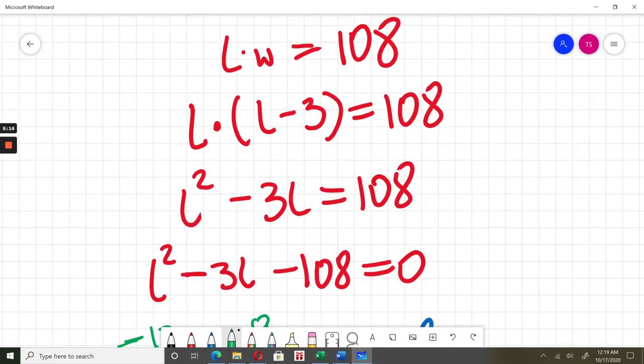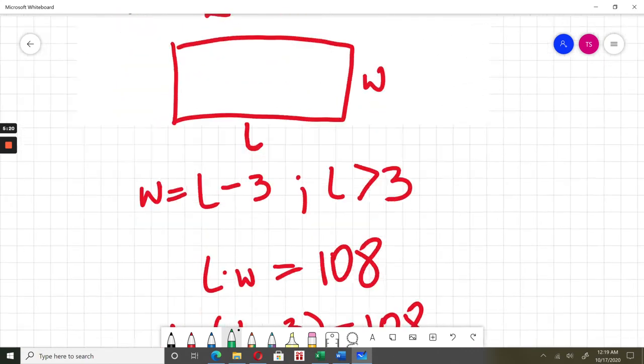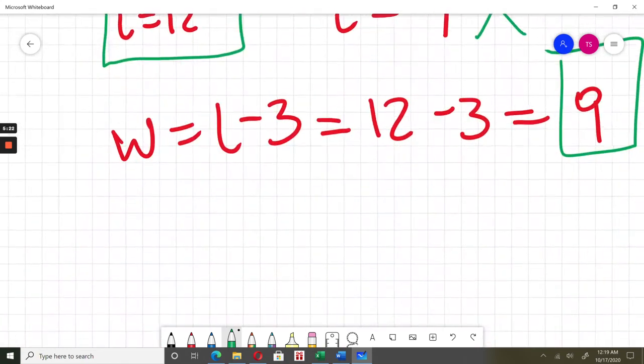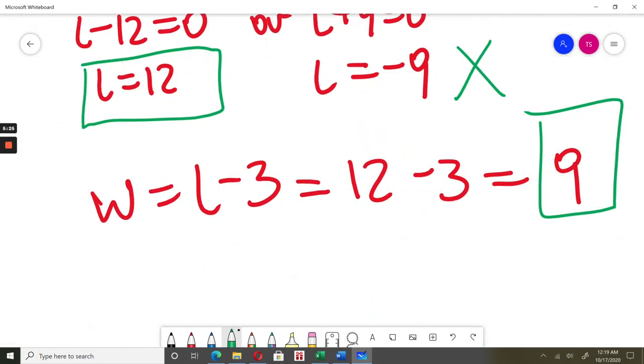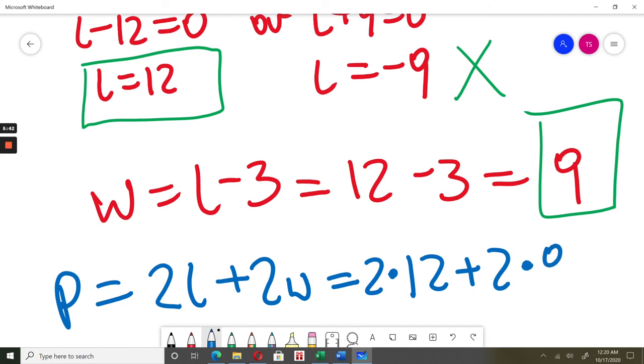And in the question I need to calculate the perimeter. What is the perimeter in inches of the rectangle? So I will calculate the perimeter now. Perimeter, I'll just call it P. Perimeter of the rectangle will be 2 lengths plus 2 widths. 2 lengths means 2 times 12, plus 2 widths, 2 times 9.